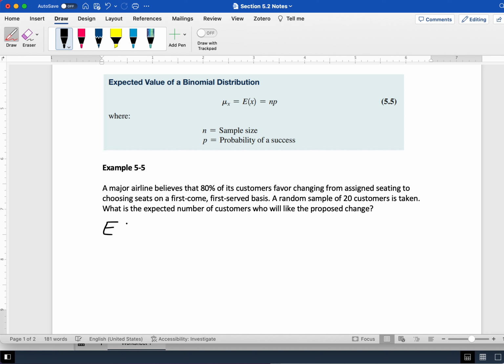My expected value is n, which is 20, times p, which is 0.80. If I multiply those, I can use a calculator and I get 16. So 16 customers is what I would expect for the number who would like the proposed change.